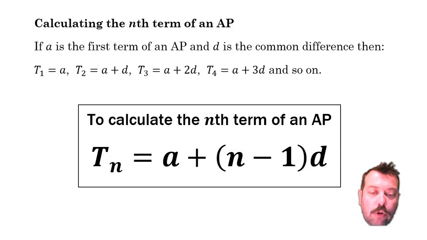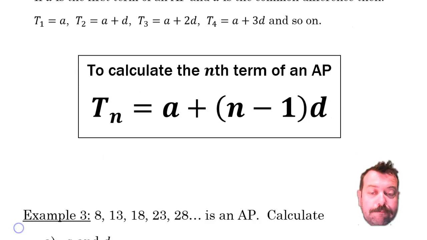We started at A. To get to the nth term, we've gone n minus 1 steps forward because we started at 1. Each of those steps is d in size. So a plus n minus 1 times d tells us the nth term of an arithmetic progression.